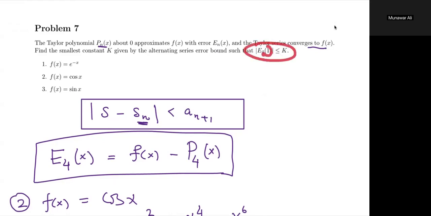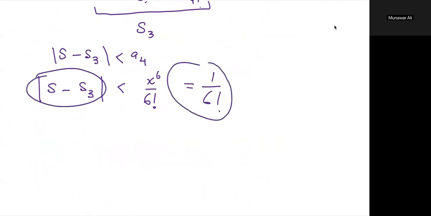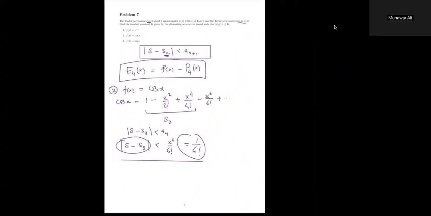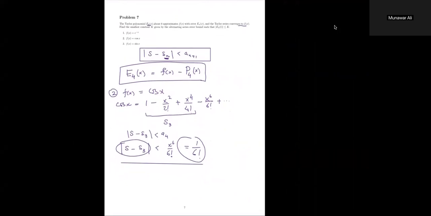So this should be 1 over 6 factorial. This error is less than or equal to 1 over 6 factorial, which is 0.00 something. You do not need to simplify beyond this. This is how we do it by using the alternating series error bound. Okay, so that's it.